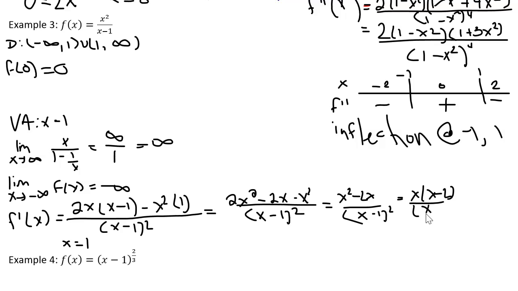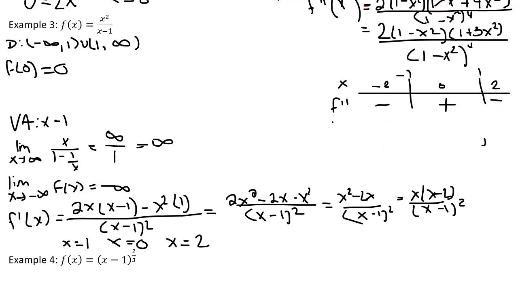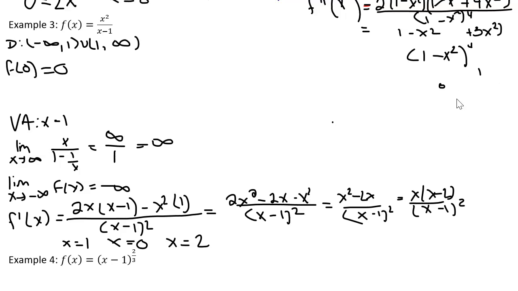And so we have two additional critical values, one at x equals 0 and one at x equals 2. I am going to erase my scratch work from the previous problem just to give myself a little more space to sketch this graph, because this took up a ton of space up here.